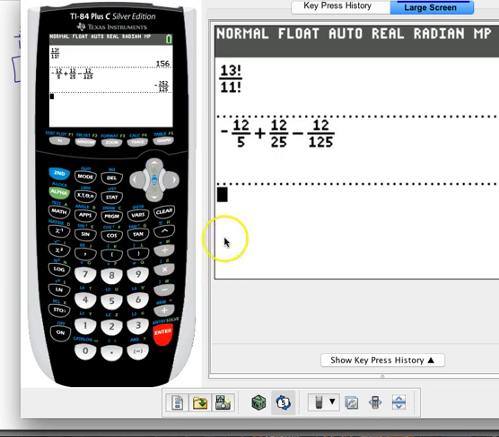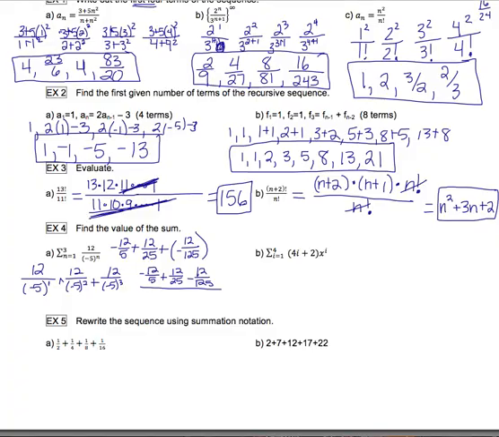Enter. Negative 252 over 125. So negative 252 over 125 is our final sum, which makes it our final answer.